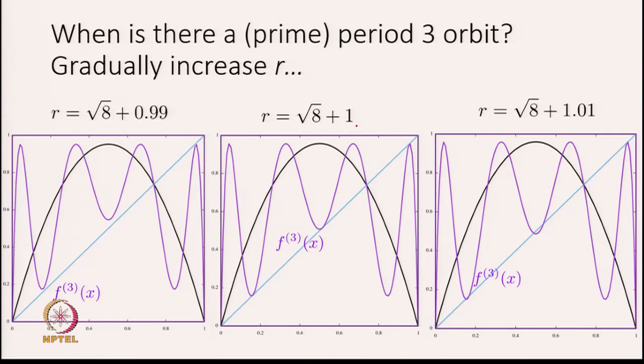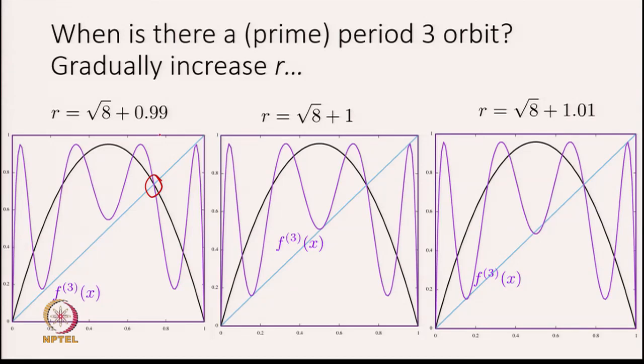So, here is the graph of f3 of x for square root of 8 plus 0.99, square root of 8 plus 1 and square root of 8 plus 1.01. Now, you can see from this particular figure over here that the third composition of the map has only one intersection with the diagonal, which is the same intersection as the map itself.